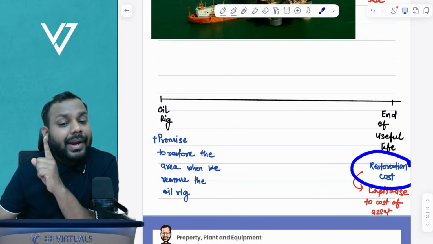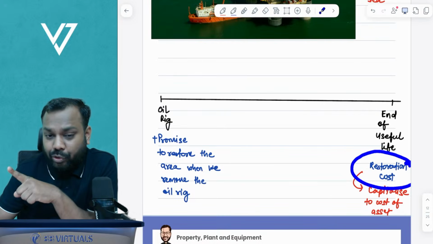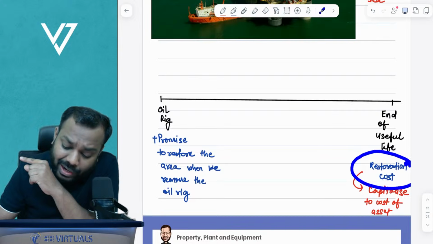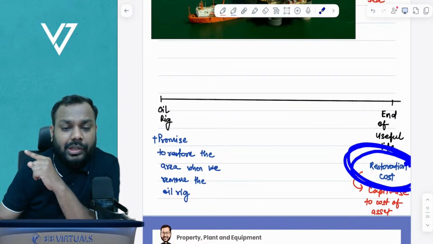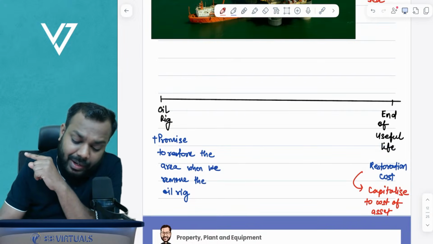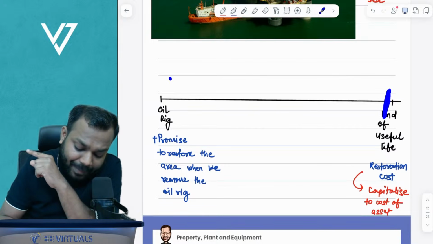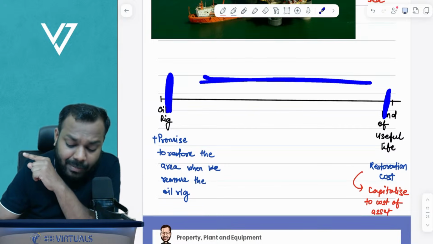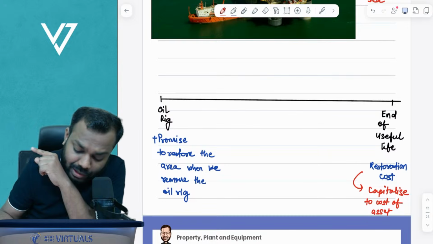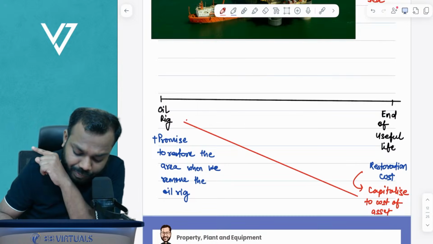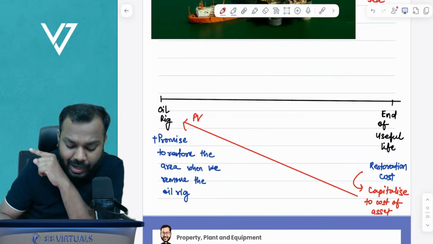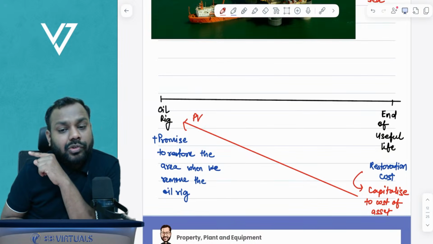Understand, these costs are an estimate, not actuals. Since they will be incurred later and we are capitalizing now, and there is a time gap, we compute the present value and capitalize it to the cost of the asset.